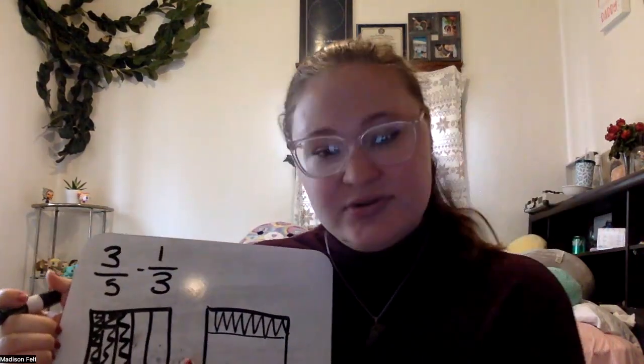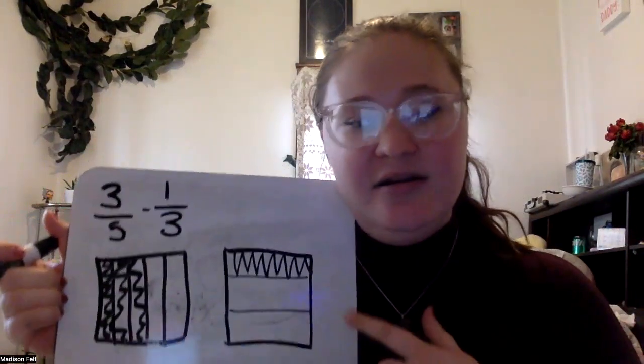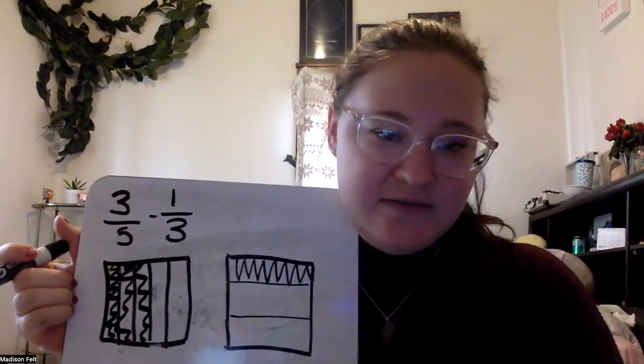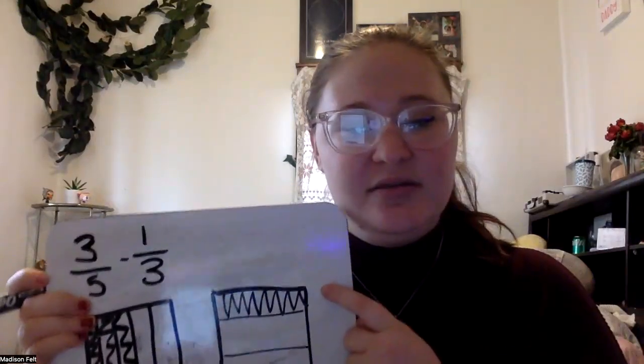Now, what I did next is I took these 5 over here and I split this vertically 5 ways so we can tell how many thirds are in a fifth. So 1, 2, 3, 4, 5.